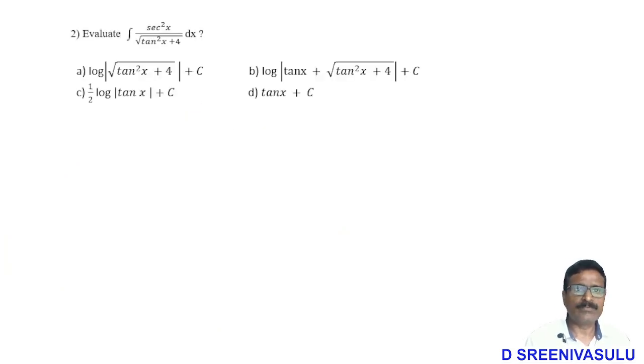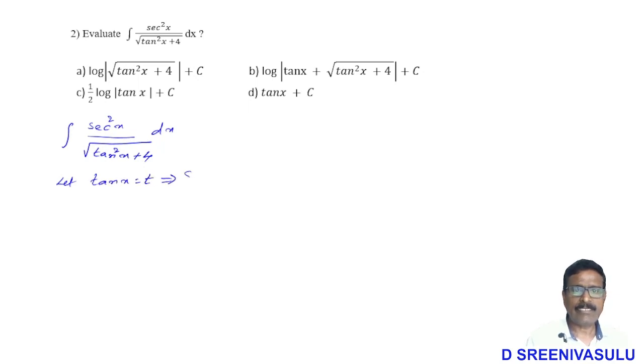Question number 2. Evaluate the integral of secant square x divided by root tan square x plus 4 dx. We know that the differentiation of tan x is secant square x. Let tan x be equal to t.